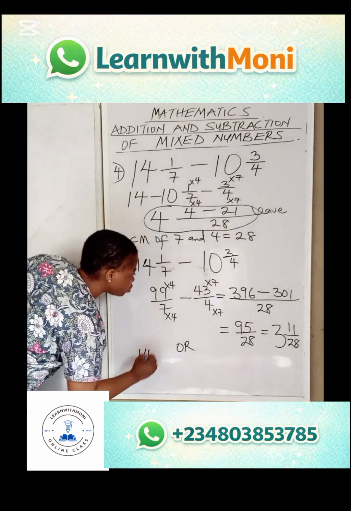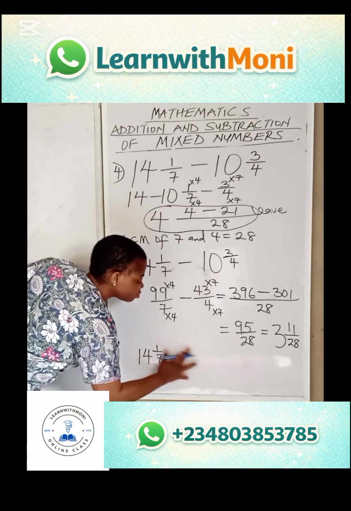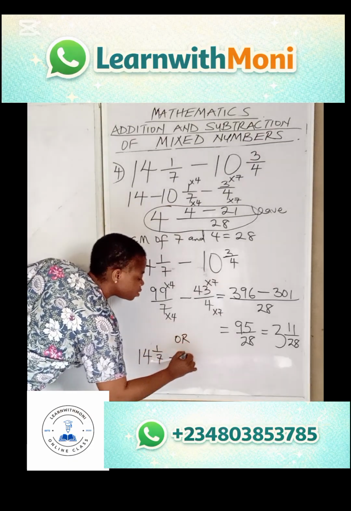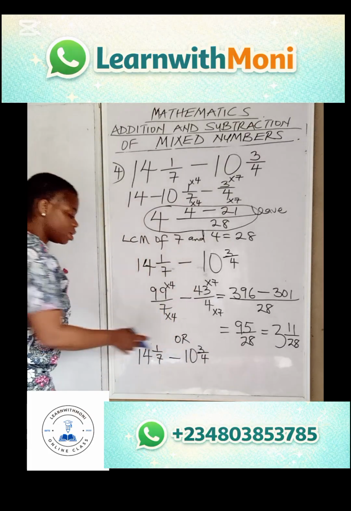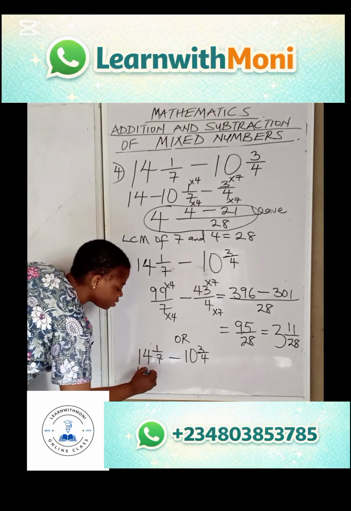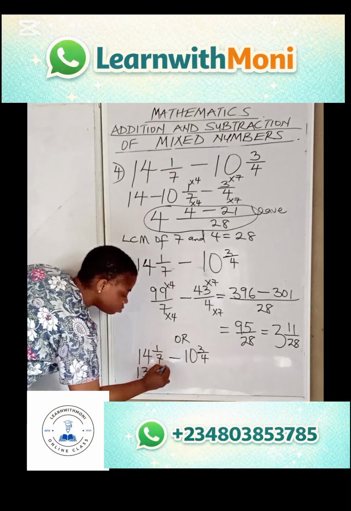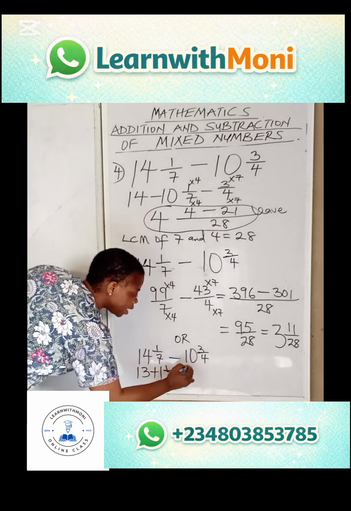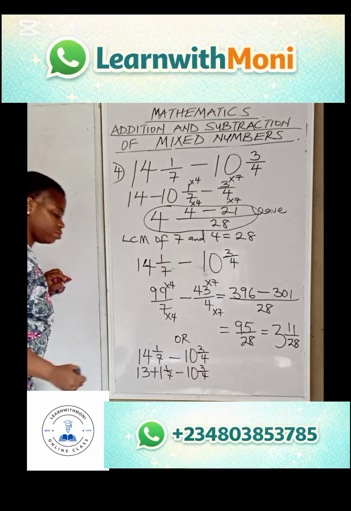So 14 whole number 1 over 7 minus 10 whole number 3 over 4. I don't want to change the entire thing. I just want to split this 14. 14 is 13 plus 1. So I have 13 plus 1, then 1 over 7 minus 10 wholes 3 over 4.